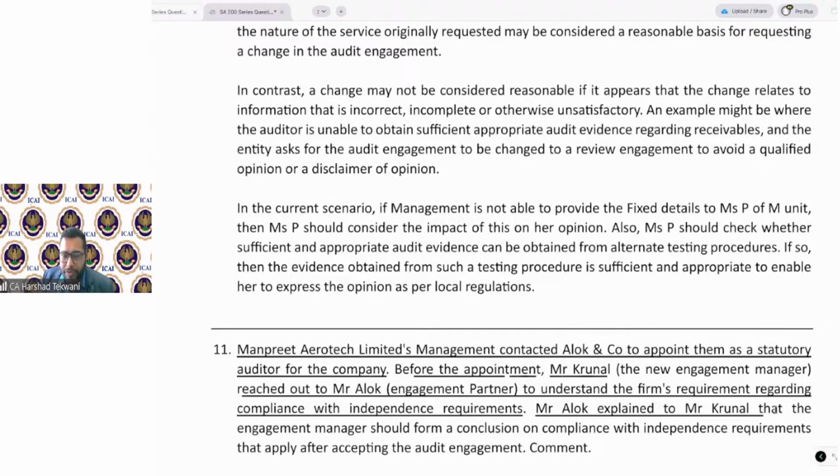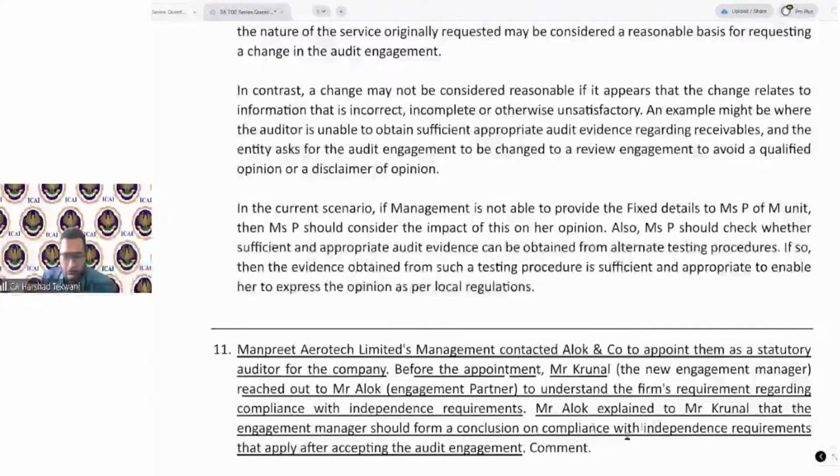Mr. Alok explained to Mr. Krunal that the engagement manager should form a conclusion on the compliance with independence requirement that applies after accepting the audit engagement.